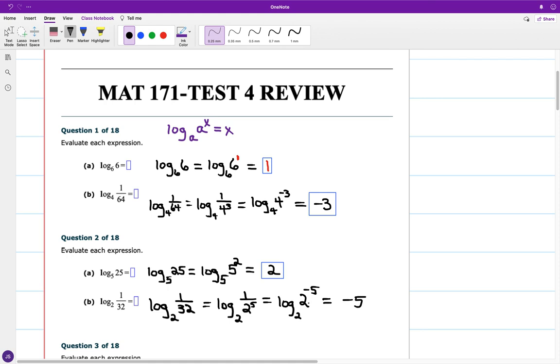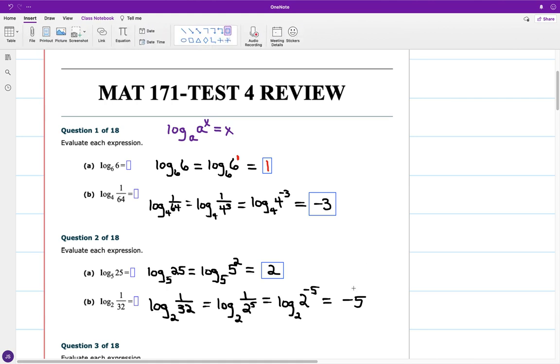So back to the base a log of a to the x, the missing value in this case is negative 5.